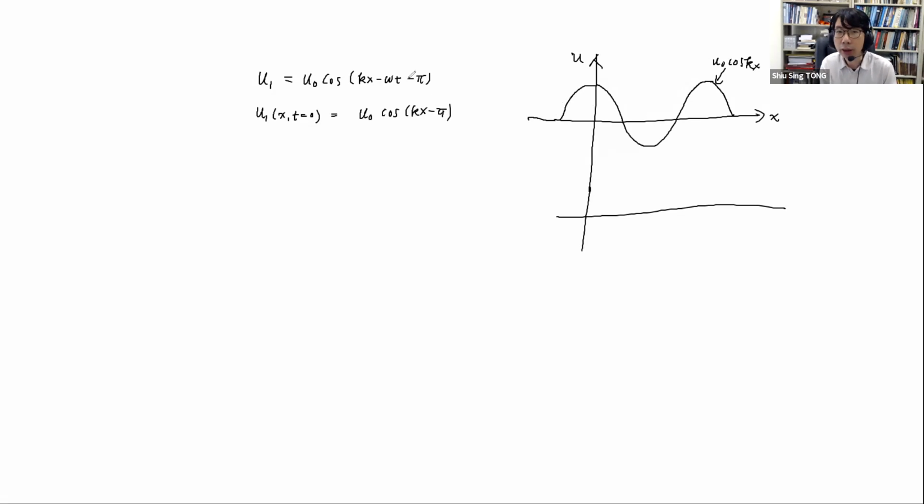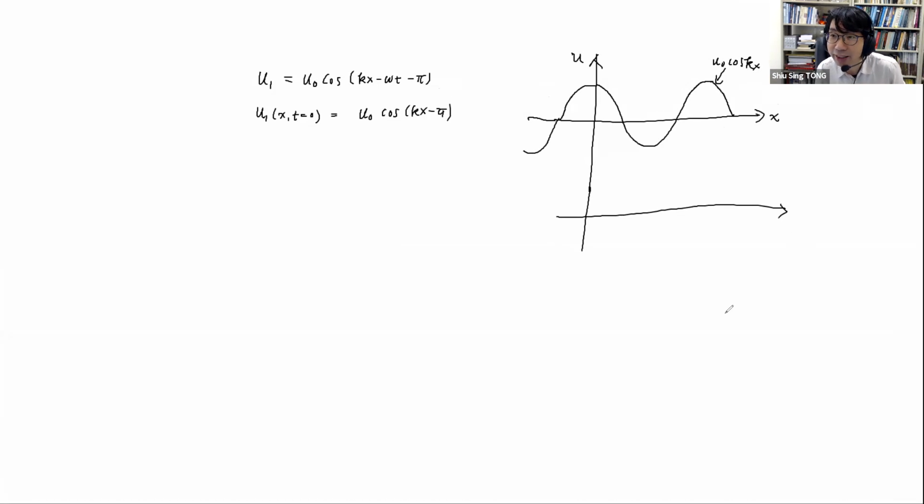Now, there's a phase of minus pi. What would that correspond to? A negative phase corresponds to shifting the curve to the positive x direction, right? So the whole curve will be shifted to the positive x direction. But by how much? Pi is what? Pi is half of a wavelength or half of a period, right?